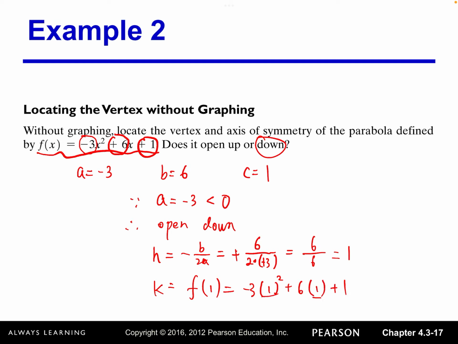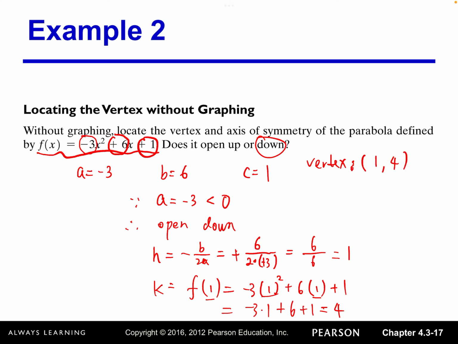The value in the parentheses is the independent variable x value. And then we simplify: negative 3 times 1 squared is still negative 3, so that's negative 3 plus 6 plus 1. So that's 3 plus 1, that's 4. So the vertex coordinates are (1, 4), right?